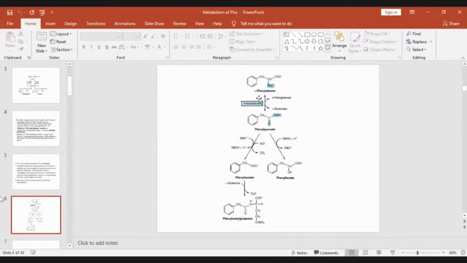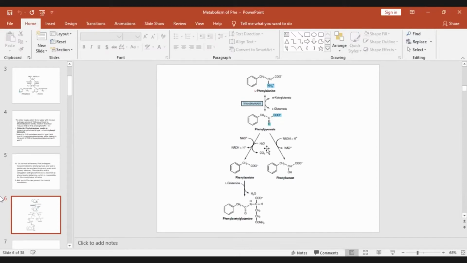As a result, phenylalanine will be transaminated to phenylpyruvic acid. This is a keto acid, and phenylpyruvic acid can be converted to phenylacetic acid. Both of them are keto acids. Because they are produced in excessive quantity, they are excreted in urine, mainly as phenylacetyl glutamine, the conjugated product.